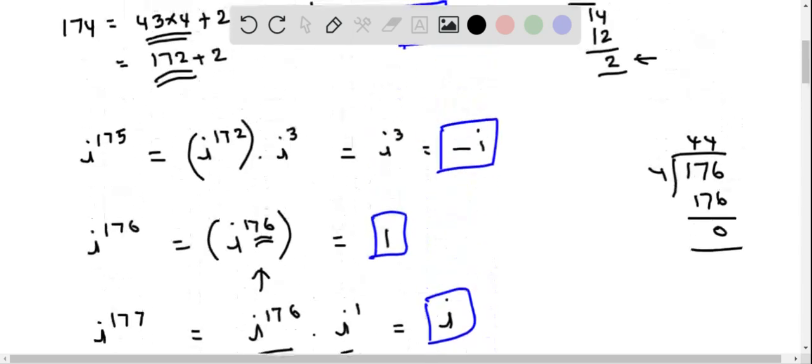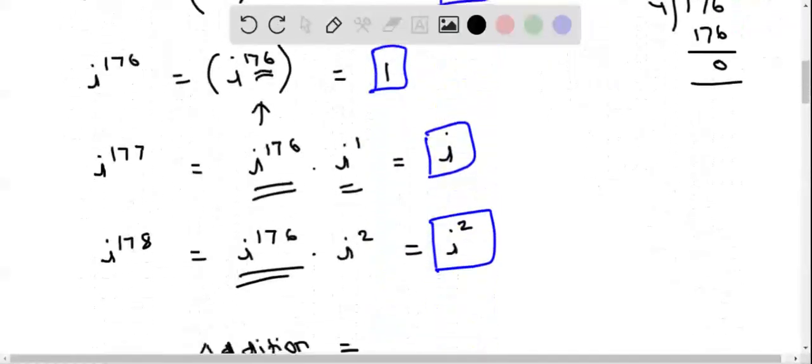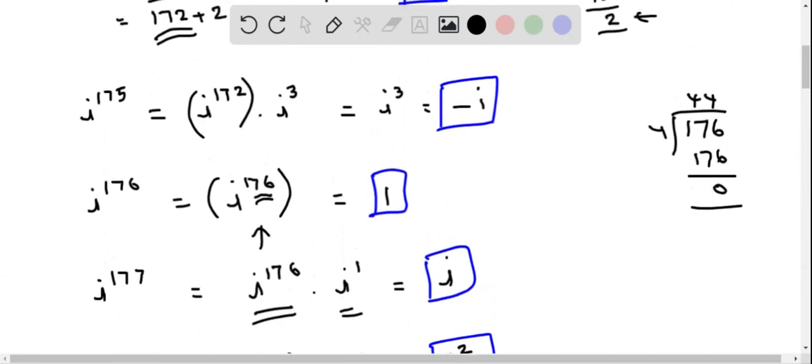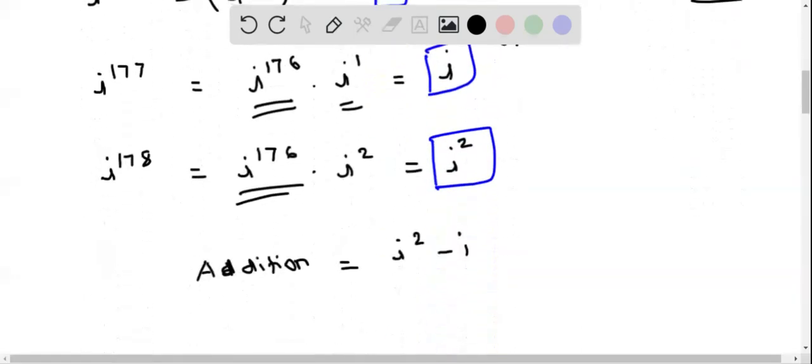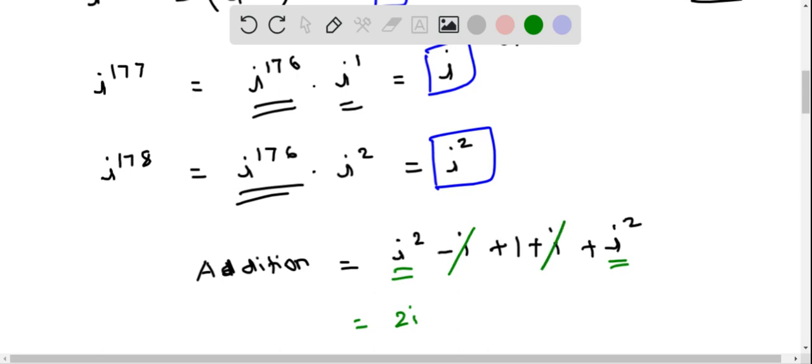This equals i squared minus i, then plus i, plus 1, plus i squared. So we have i squared and i squared, which is 2i squared. We have negative i plus positive i, which becomes 0, and then we have plus 1.